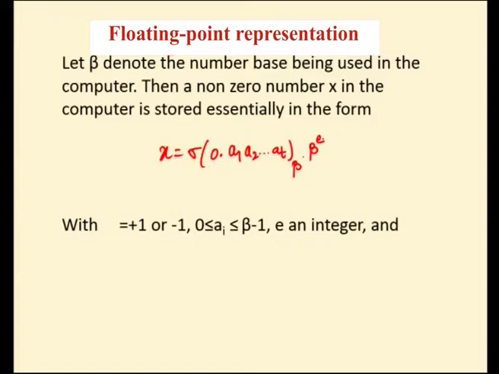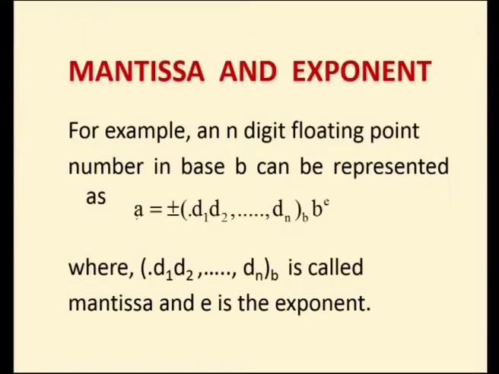Just compare with the previous one, the same thing. Here a is equal to plus or minus 0.d1. This plus or minus is now generally represented as sigma, and the fraction as 0.a1, a2 up to at, and instead of b we are taking beta, and beta to the power e.